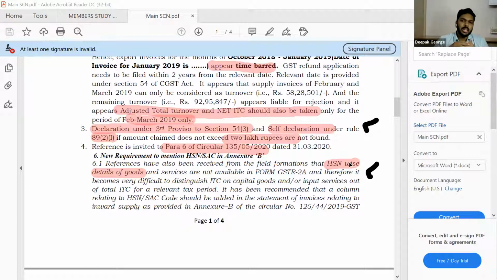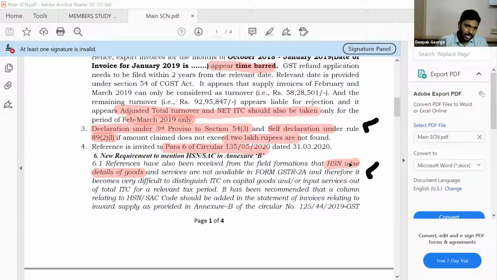They are not just satisfied with you declaring it is not a capital good. They want to themselves, by going to the HSN number, check whether the item is a capital good or not. So you have to insert one column in the Annexure B, which I'll show to you, with the HSN code of all the items purchased.